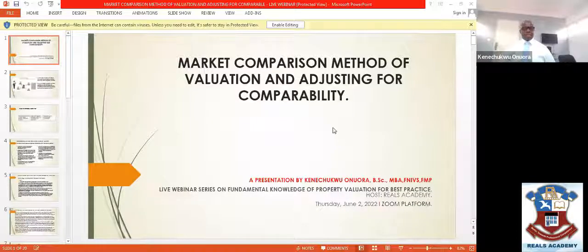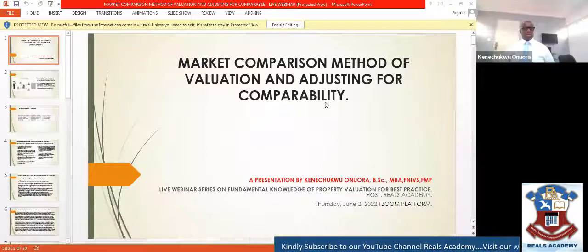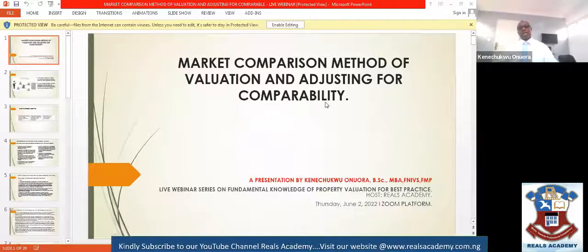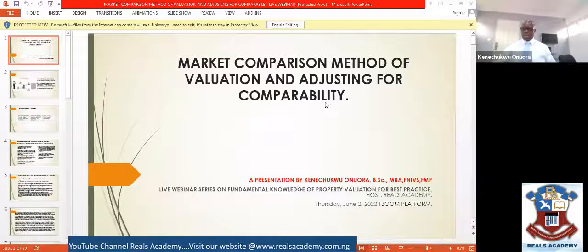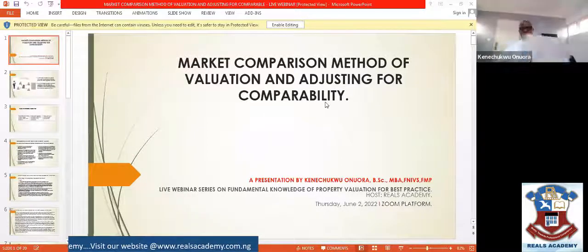We will equally identify and discuss the adjustment elements. And we will also show the procedural manner in which valuers should be able to perform all the adjustments.